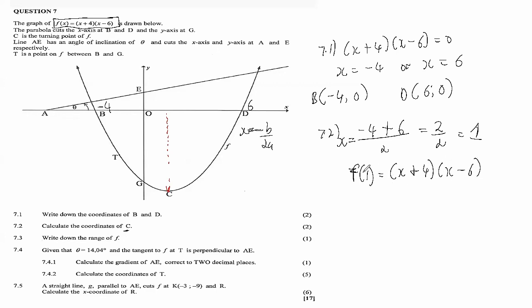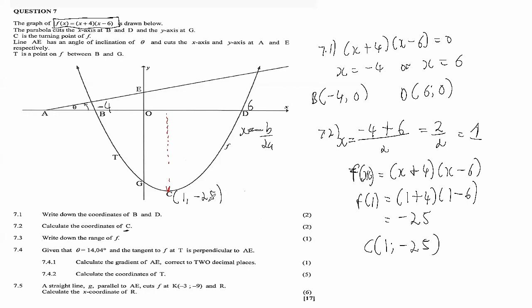So we substitute 1 for x. That's 1 plus 4, and then 1 minus 6. When you punch this into your calculator, it gives you negative 25. So our coordinates for C will be 1, negative 25. These are the coordinates for C, our turning point.